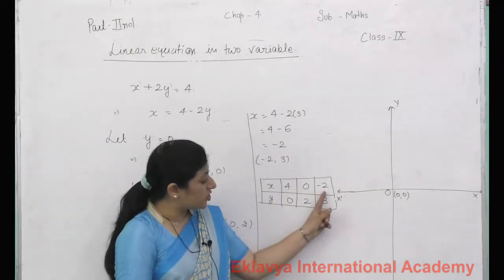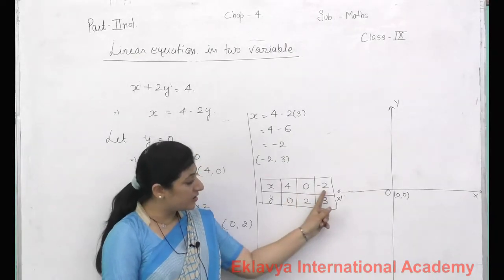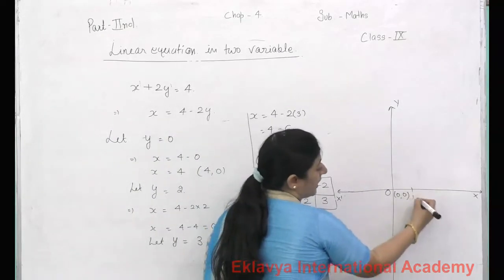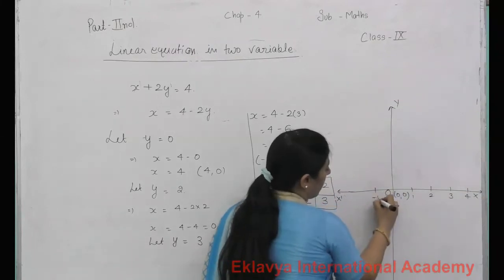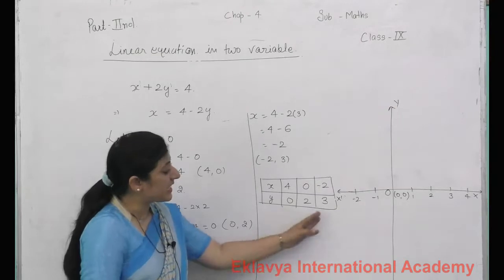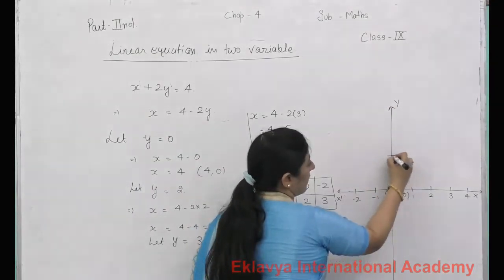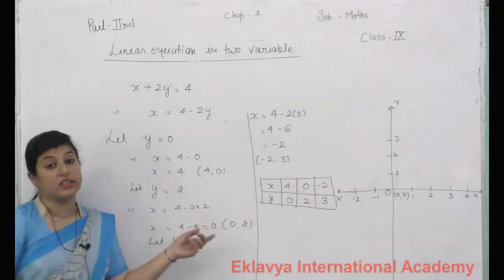In this solution, x maximum value I need is 4 and in the negative axis -2. Then firstly mark here 1, 2, 3, 4, -1, -2. On the y axis I need all positive values till 3: 0, 1, 2, 3. You have to show these solutions on the graph paper.